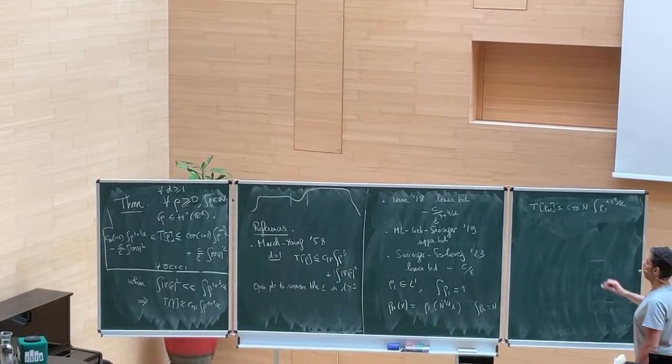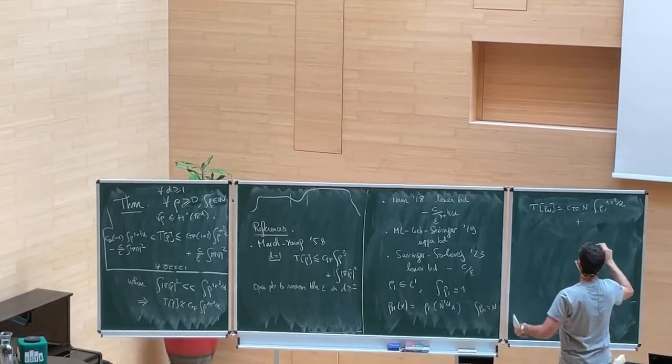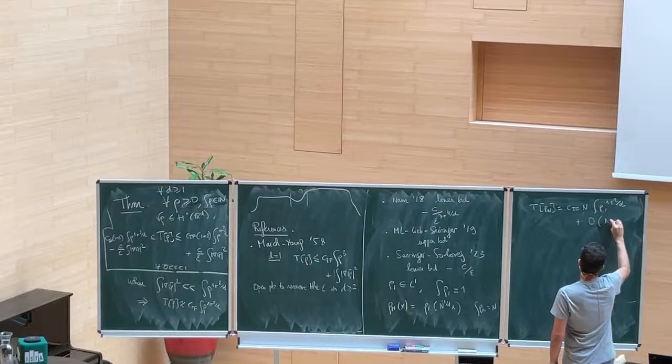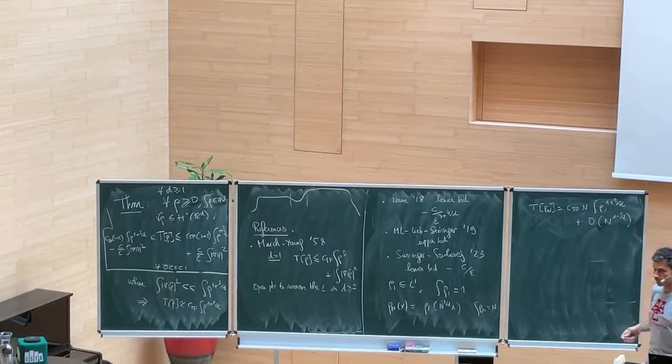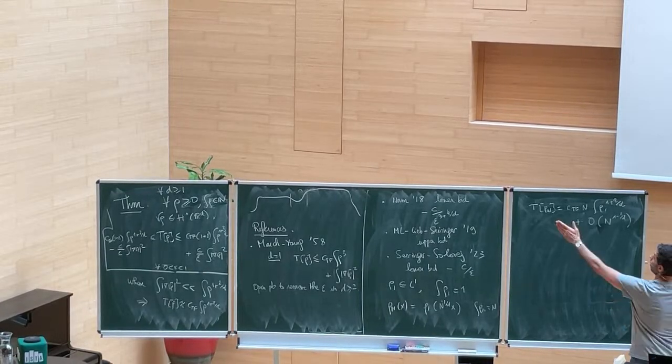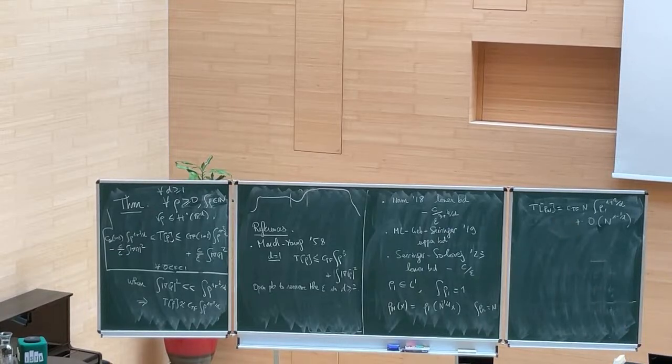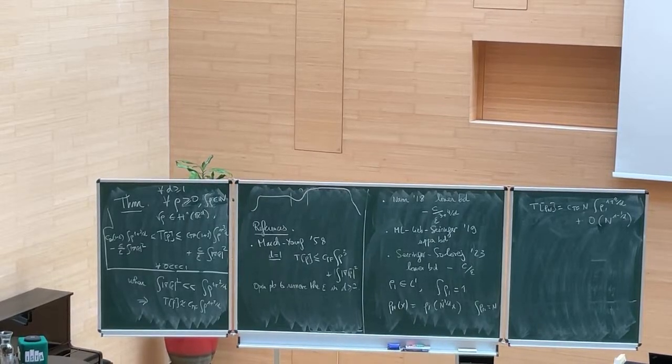And then if you optimize over epsilon, you will find a big O of n to the 1 minus 1 over d. So you see, that's an example of one density that varies very slowly, and for which you can prove that the very complicated lowest kinetic energy simplifies and converges to the Thomas Fermi kinetic energy.